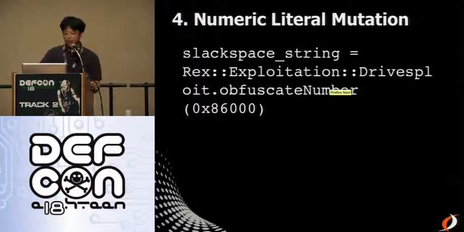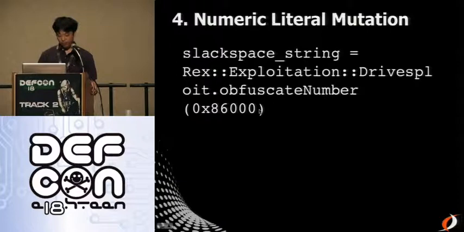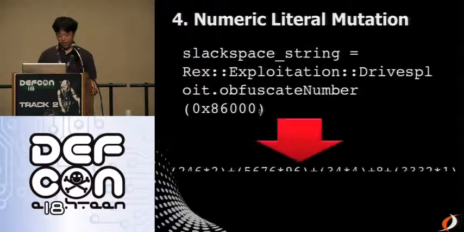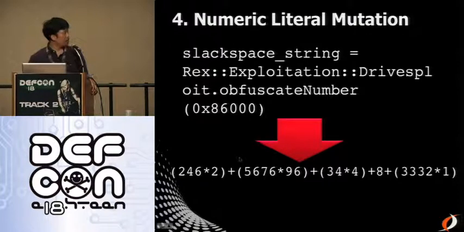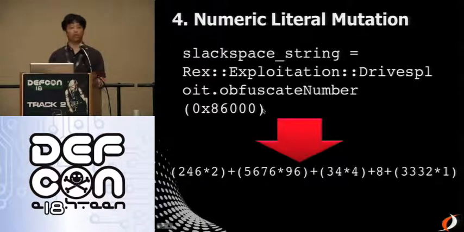And number 4 is numeric literal mutation. A lot of times JavaScript AntiVirus is sampled by these fixed numeric literals. And so we'll have a function. Basically, you pass us a numeric literal or a hex code, and we would then randomly generate a computation that computes back to this hex code, or byte.